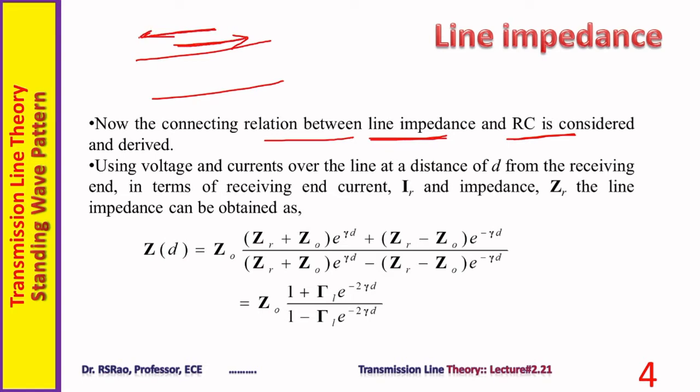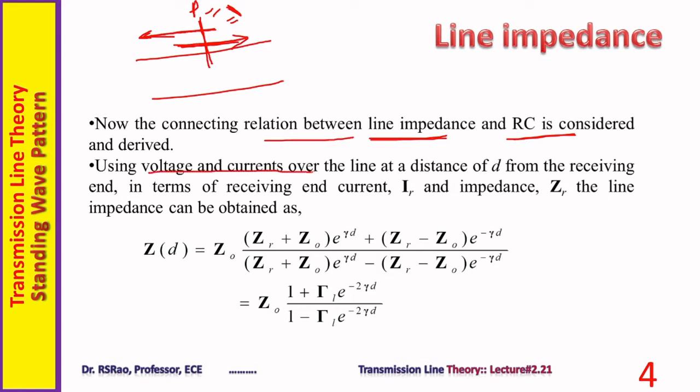You consider an arbitrary point P. Voltage in the reflected wave divided by voltage in the incident wave is the reflection quotient at point P. At point P, one can also define line impedance. So at point P, reflection quotient is there, impedance is also there. These two can be related. Reflection quotient and impedance can be related.